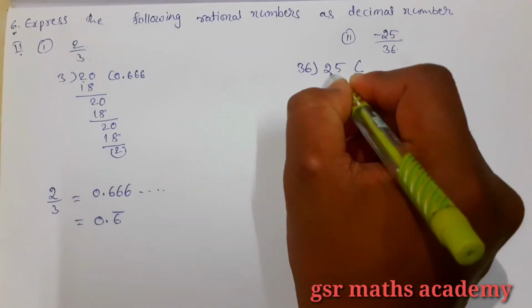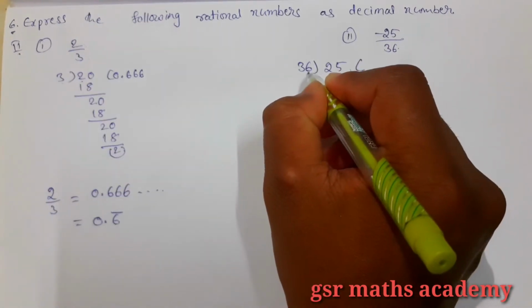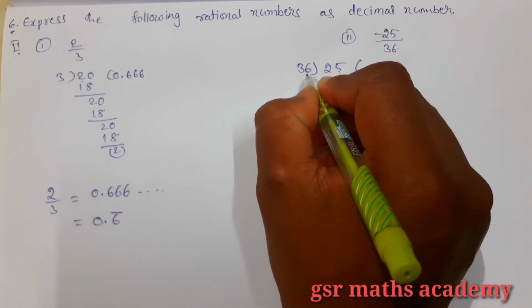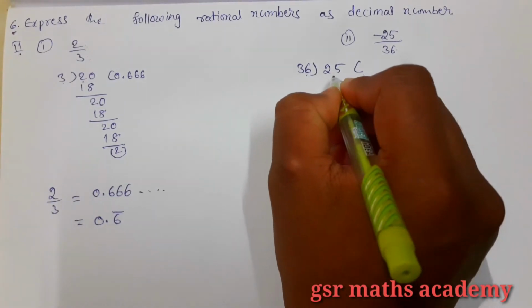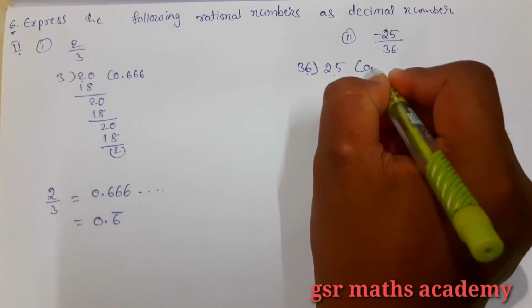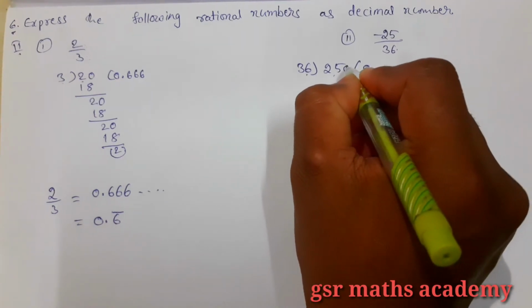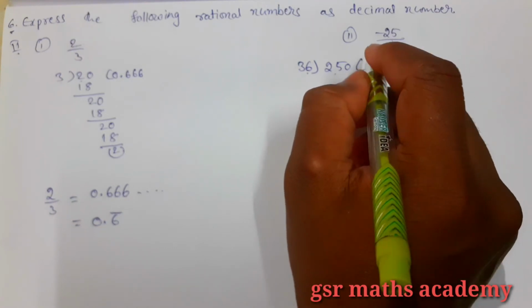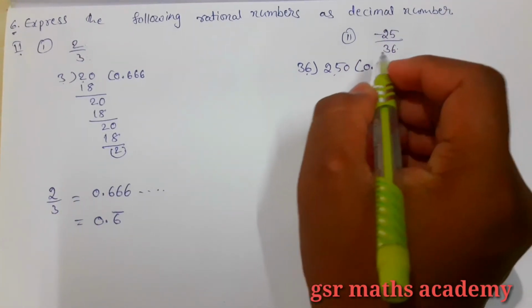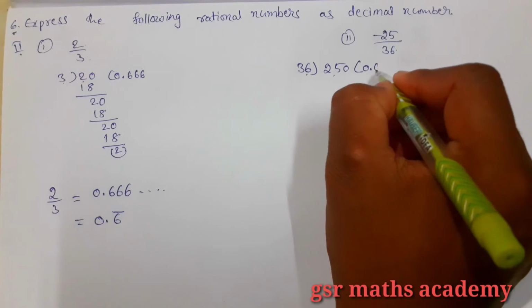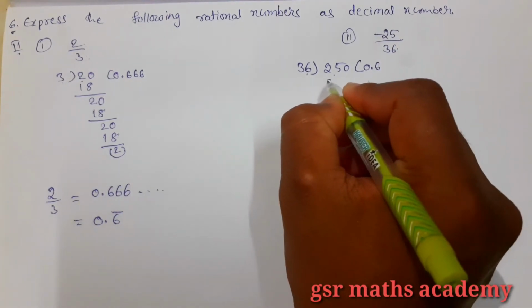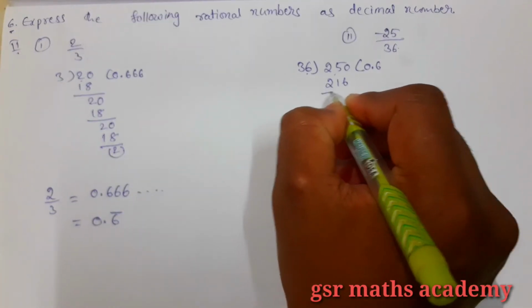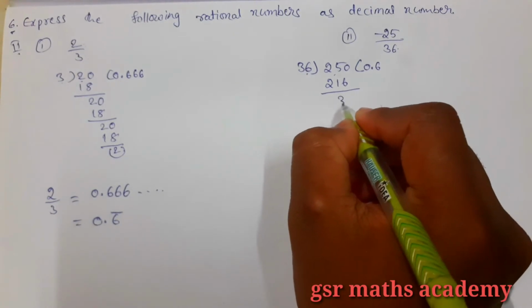As the numerator 25 is smaller than 36, we cannot subtract 36 from 25. So if you take 0 and put the point, then we are allowed to take 0, and the dividend becomes 250. Now we can continue the division process, and 36 sixes are 216. So on subtracting 216 from this, you are left with 34.